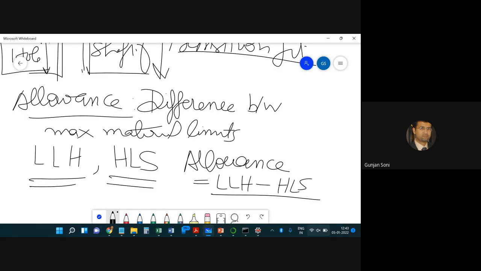If allowance is negative, what does that mean? Interference fit. And what would you say about transition? It's nearly zero. I mean, allowance is not enough to say anything about the fit. We will see how later. For now, if it is positive, it is clearance; if it is negative, it is interference. But what about transition? We will take a problem later and understand whether allowance is good enough to say anything about the kind of fit.